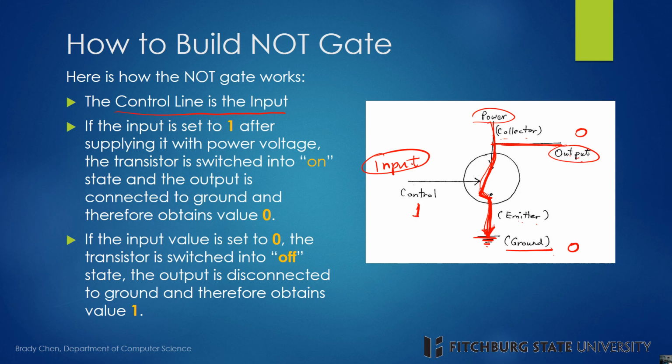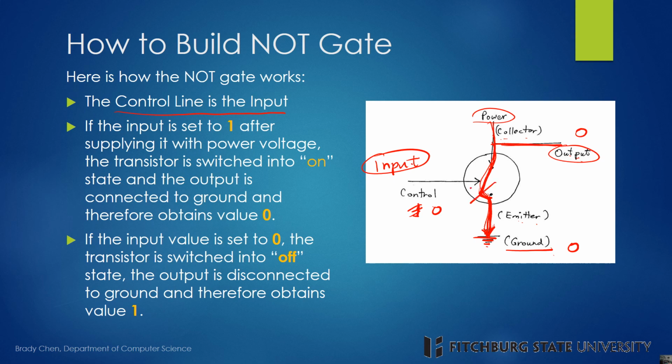Now, what about the opposite? If the control line is set to 0, that means the collector and emitter will be disconnected.